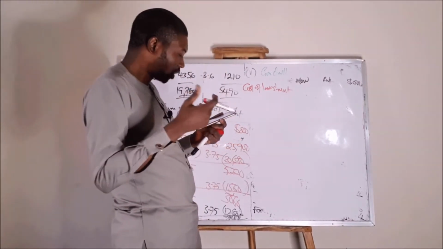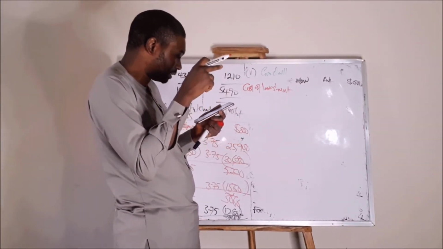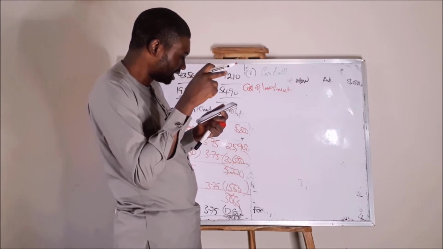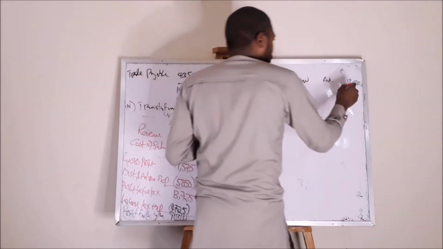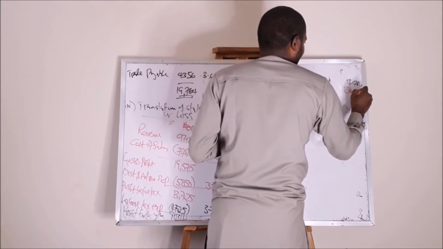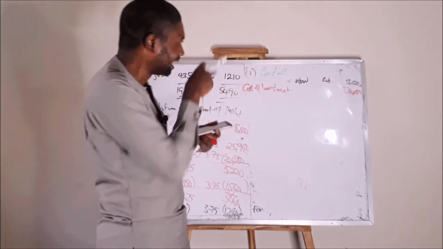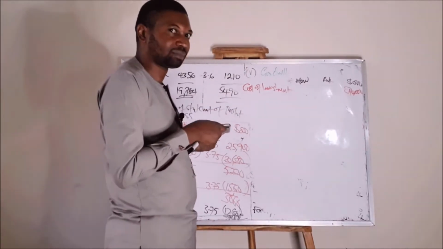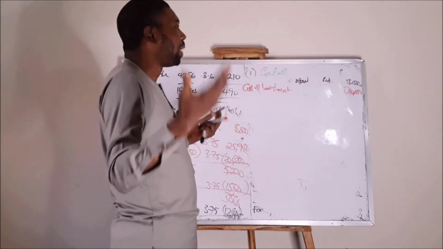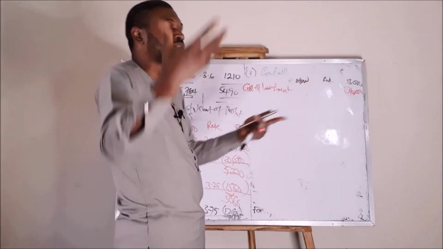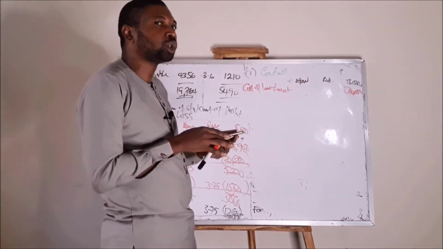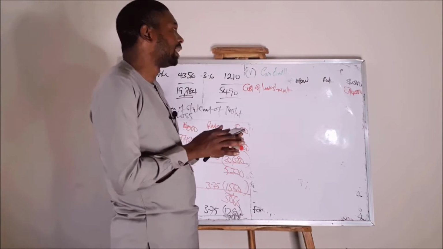So of course $840,000. That is the amount. So let's go to the dollar column and put 840,000. But we still need to know the equivalent of that 840,000 in naira, because we are not given that value in the subsidiary's currency. So we need to translate that into the subsidiary currency.